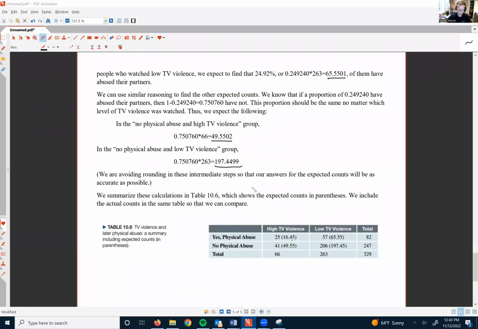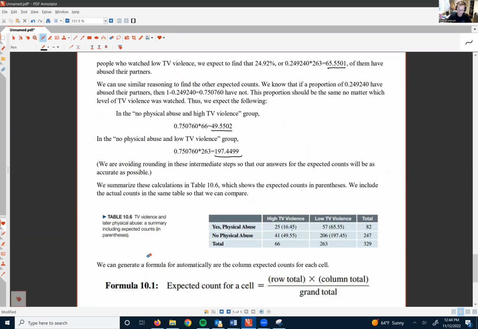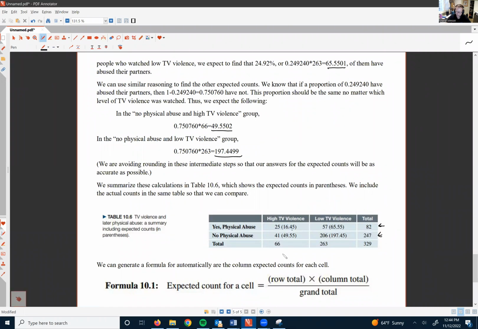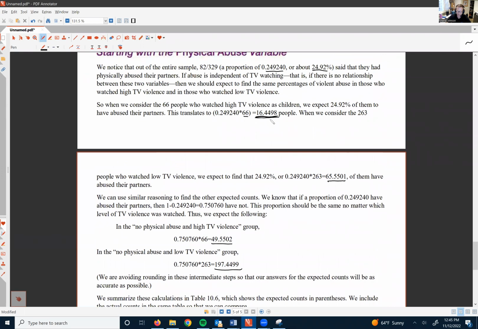So to display a formula for this, the row totals are 82 and 247, and the column totals are 66 and 263, giving us the grand total of 329. And so let's go back and remind ourselves how we calculated this 16.4498.